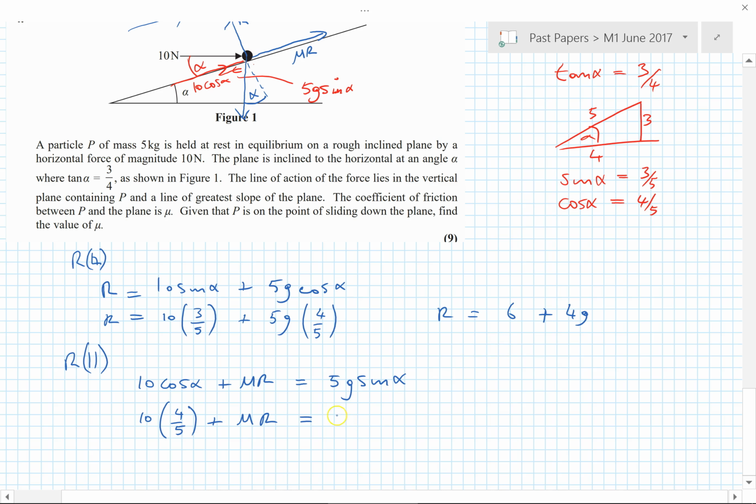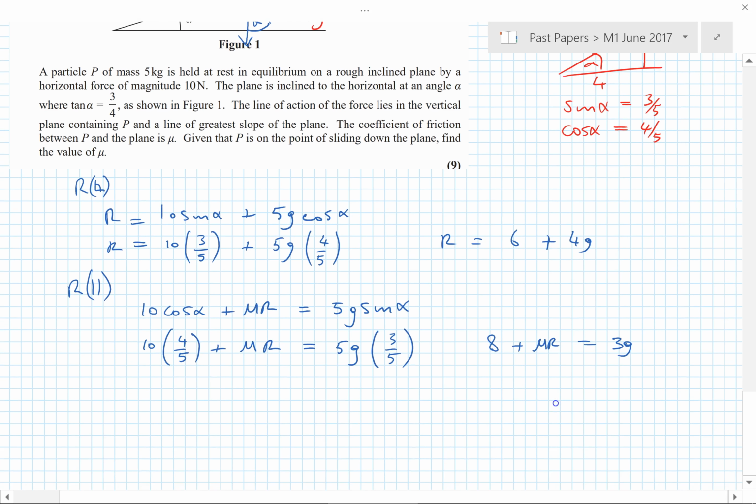And that's equal to 5g sine alpha, so that's equal to 5g times 3 over 5. So 4 over 5 times 10 is 8, plus mu R is equal to 3g. Now we can do our substitution.